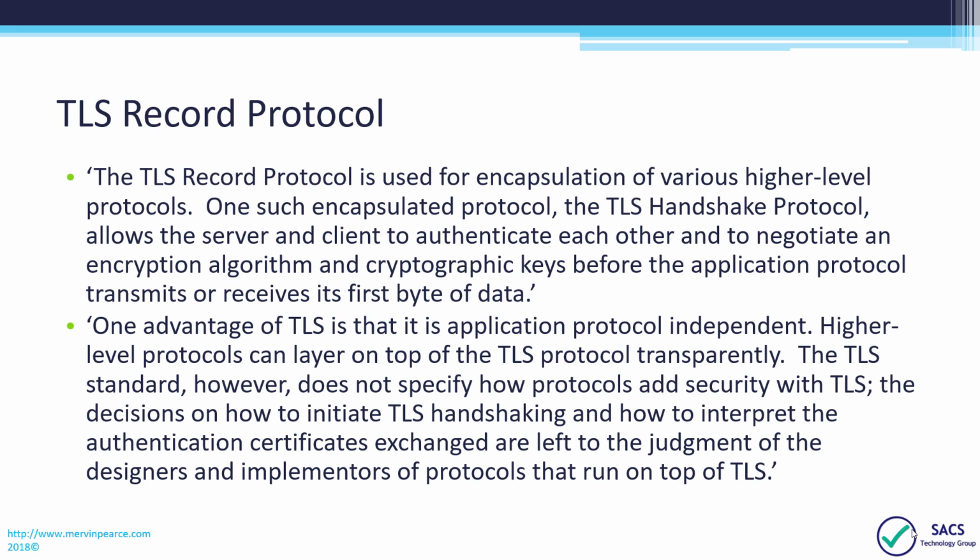One such encapsulated protocol, the TLS handshake protocol, allows the server and the client to authenticate each other and to negotiate an encryption algorithm and cryptographic keys before the application protocol transmits or receives its first byte of data.